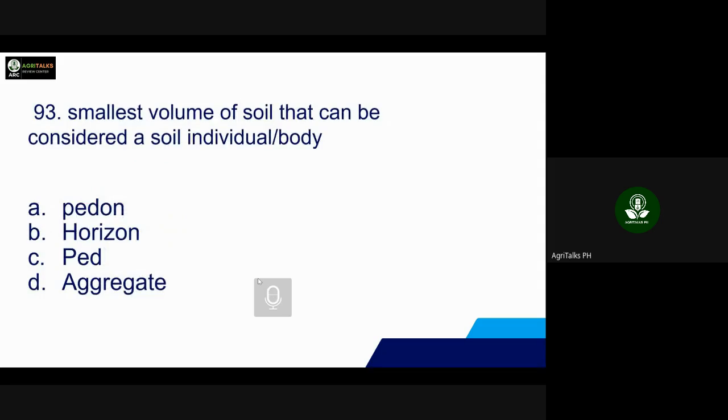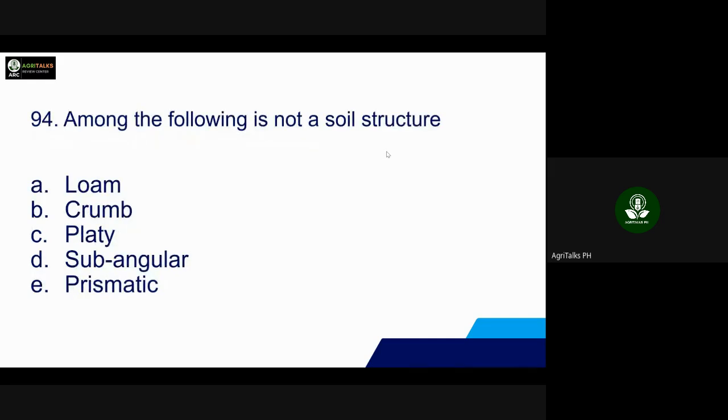Number 93. The question repeated again, so we can memorize it better. The smallest volume of soil that can be considered a soil individual. The correct answer is pedon, which we discussed in the previous item. 94.